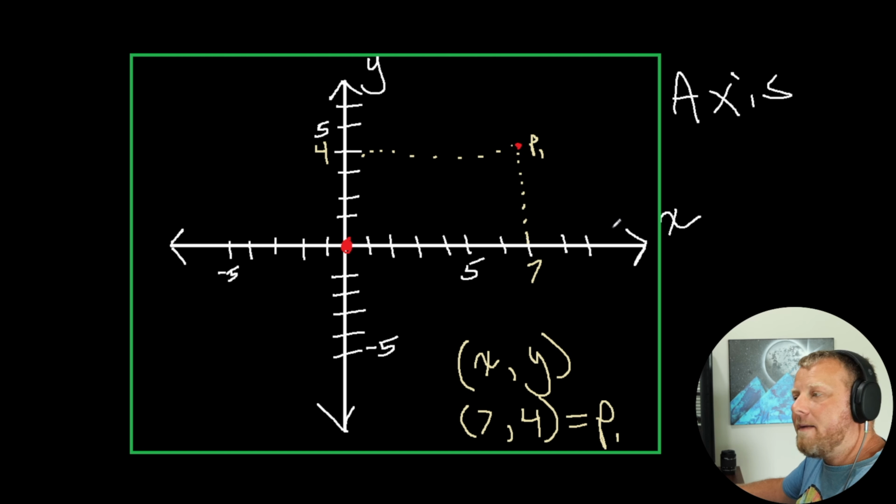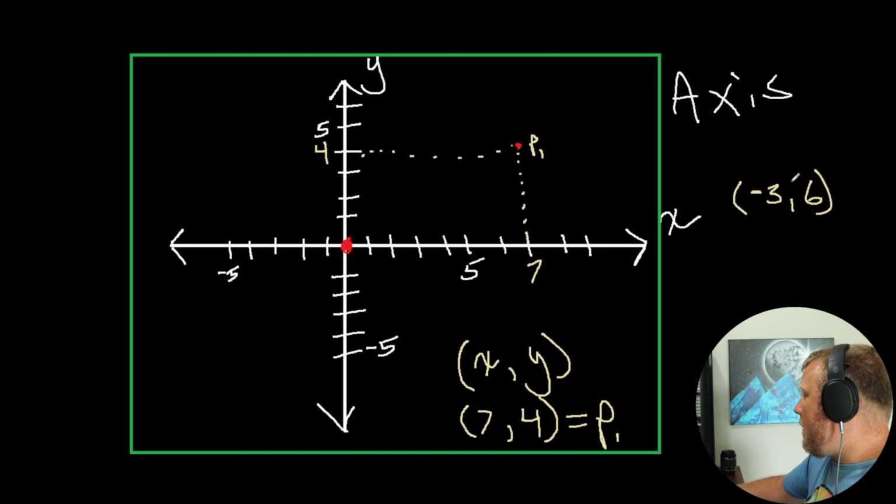I want my lamp at, if I just told you, hey, I want my lamp at -3, 6. Where would that be? Well, we know that we're talking about this coordinate system that has an x and a y coordinate, and the x and y is in this layout where x is first and y second.